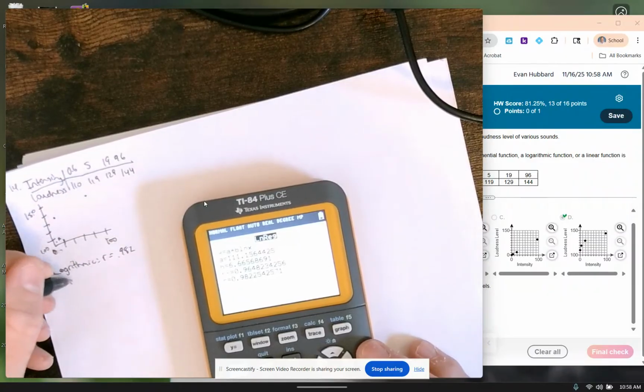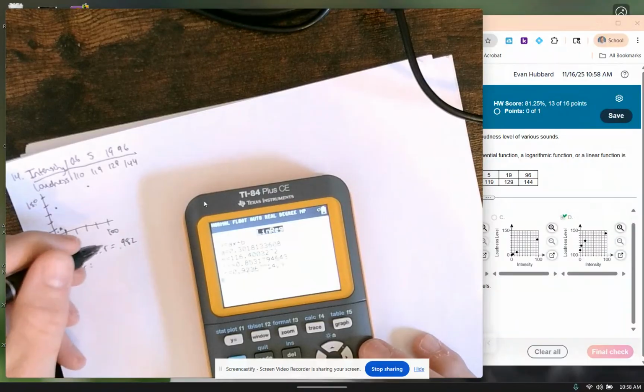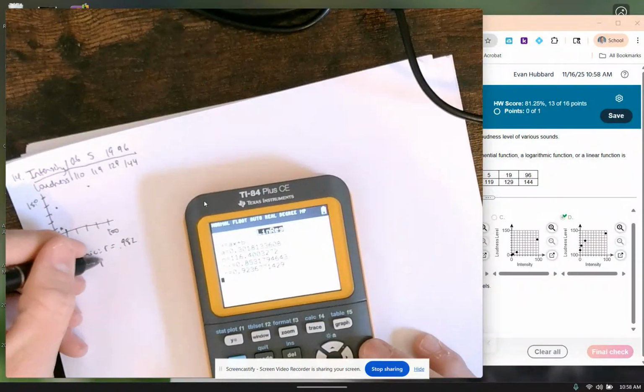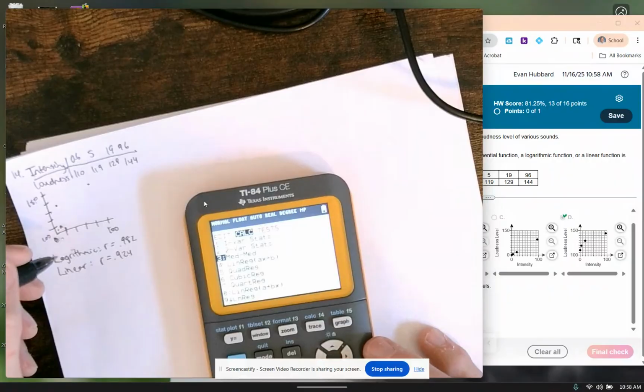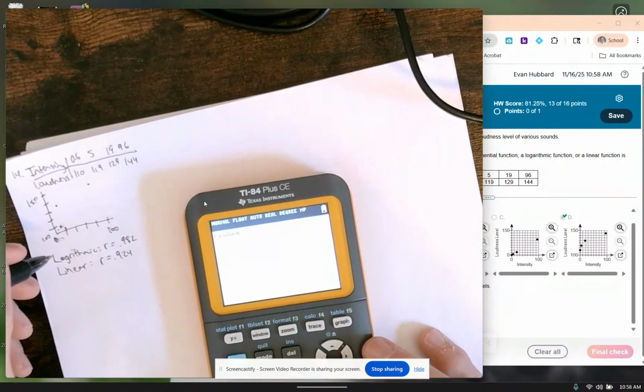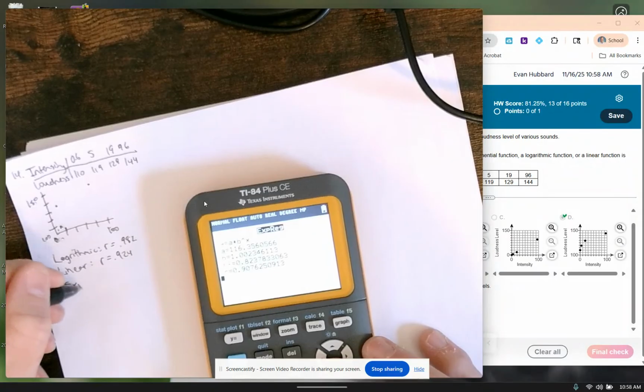Let's do linear. So linreg. R is 0.924. Pretty strong. Let's go to expreg. R is 0.908. So exactly what we thought.